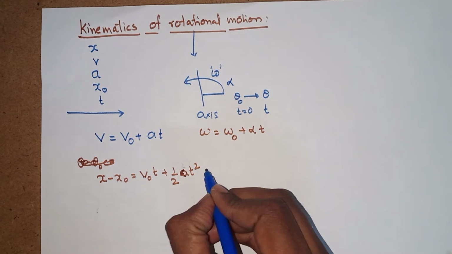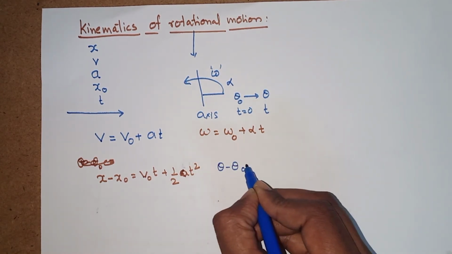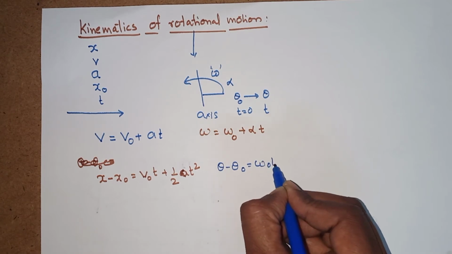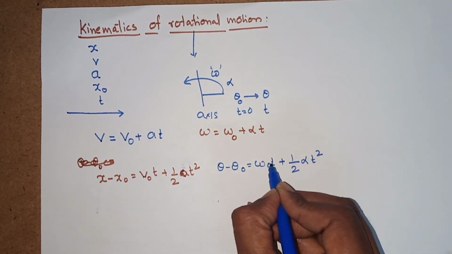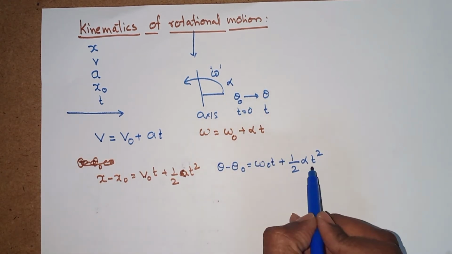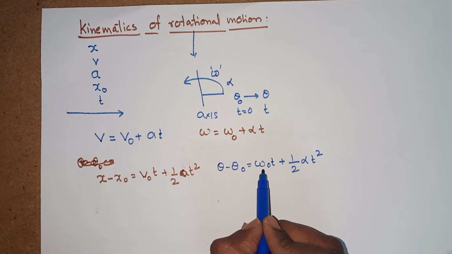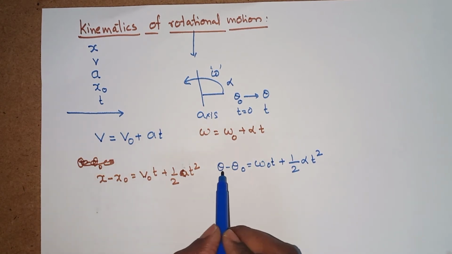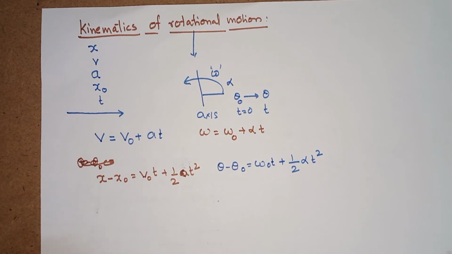We will write it similarly: theta minus theta naught is equal to omega naught t plus half alpha t square. Only a with alpha, v naught with omega naught, x with theta and x naught with theta naught. Time remains the same. Don't consider the time for rotation as different; time is the same for linear as well as rotational.